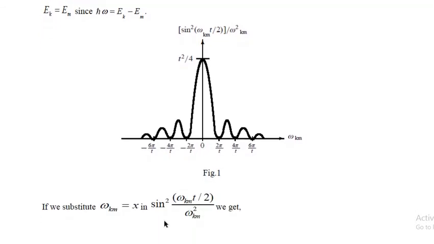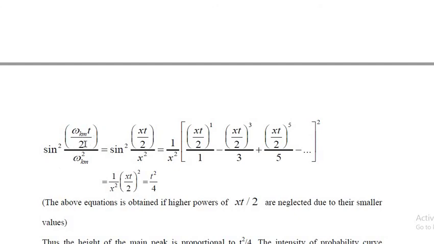And if we substitute ω_km equal to x in sin²(ω_km t/2) divided by ω_km², we get sin²(xt/2) divided by x², and this x² we take outside, so it becomes 1/x². Now sin²(xt/2) can be written in expanded form as (xt/2)^1 divided by 1, minus (xt/2)^3 divided by 3, plus (xt/2)^5 divided by 5, minus and so on, the whole square.